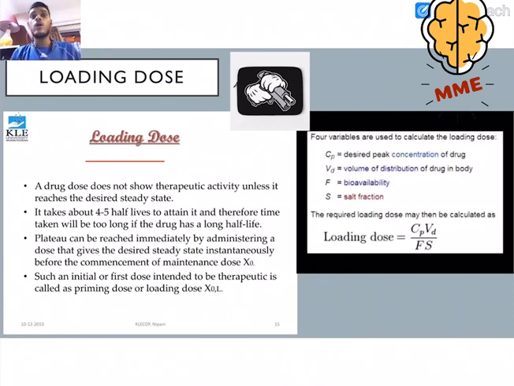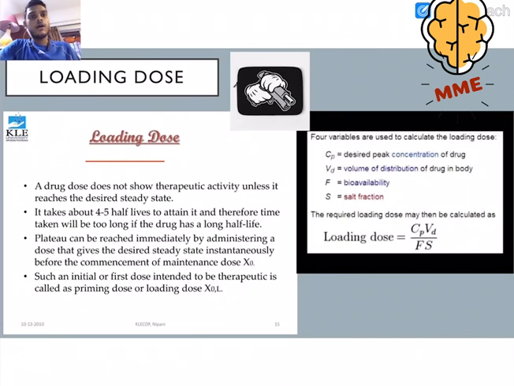So what will we do? We will administer one single large dose of that particular drug. Or we will administer multiple doses of the drug within a short span of time. And why will we do so? We will do so to ensure that our target plasma concentration level of the drug is attained at the earliest and the patient can be saved.